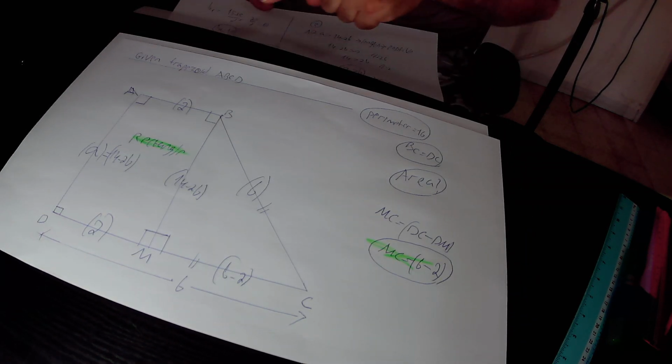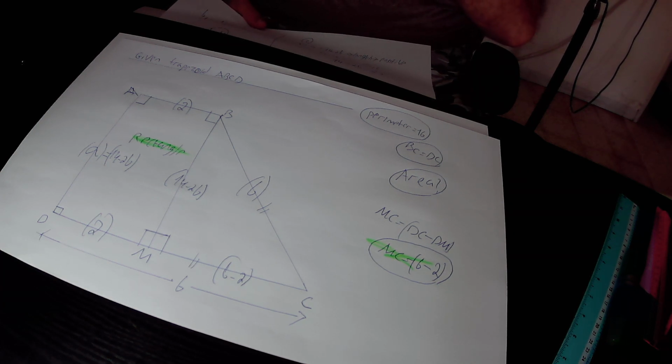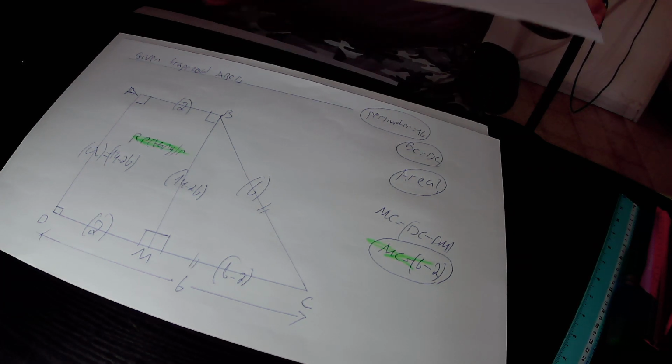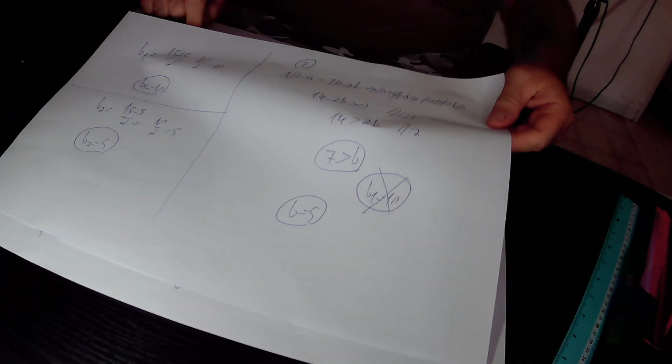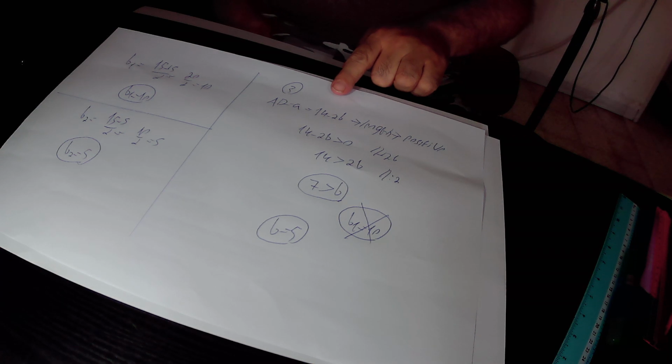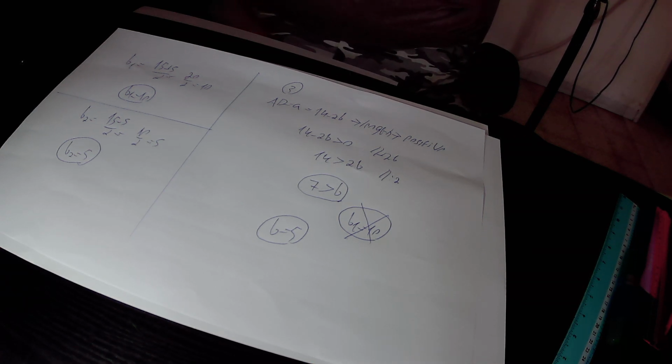So AD is one side of trapezoid ABCD, and AD equals a, and a equals 14 minus 2b. AD is a side of trapezoid ABCD, it is a length, and as a length it must be a positive number.